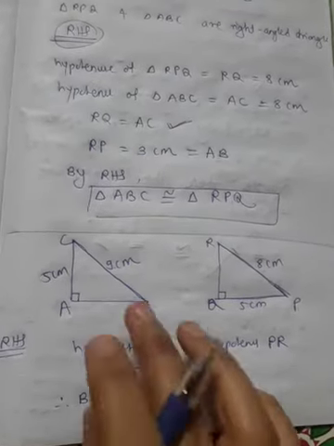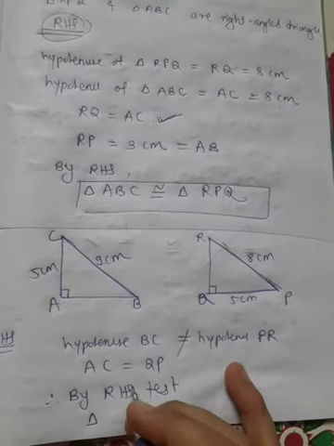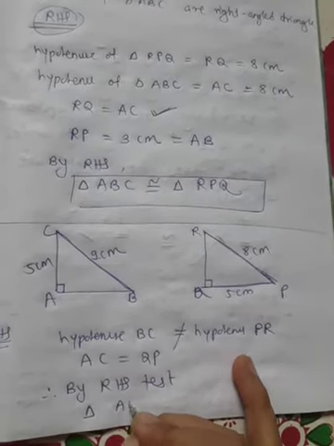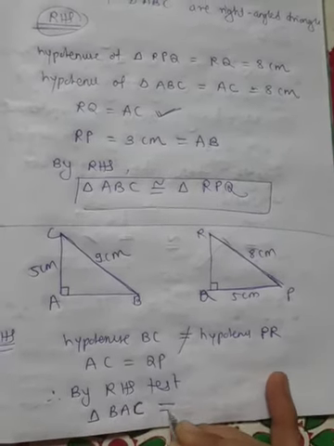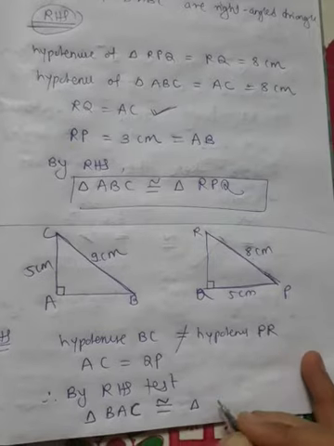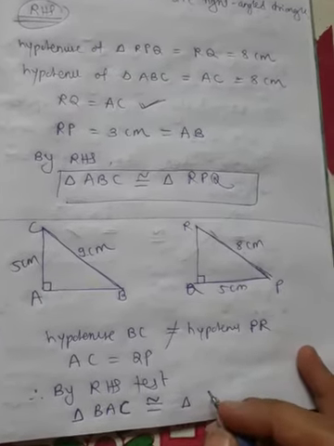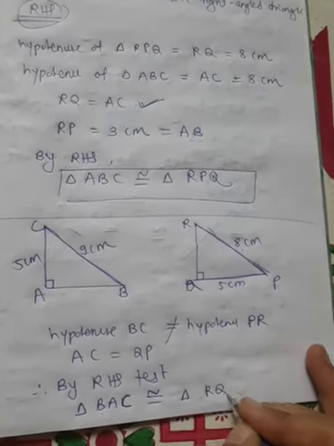So by RHS test these two right angle triangles are not congruent, means triangle BAC is not congruent to triangle RQP.